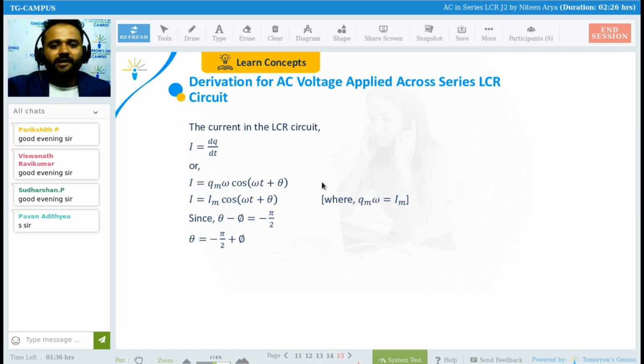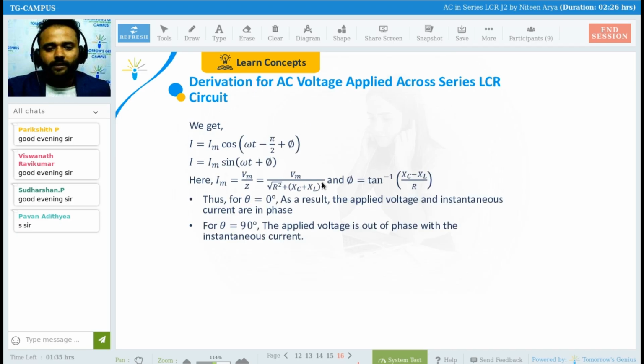Moving ahead, the current in the LCR circuit is I = dq/dt, or I = Qm ω cos(ωt + θ). So I equals Im cos(ωt + θ), where Qm ω = Im. I already told you this. θ − φ is π/2, so you can put θ equals −π/2 + φ also.